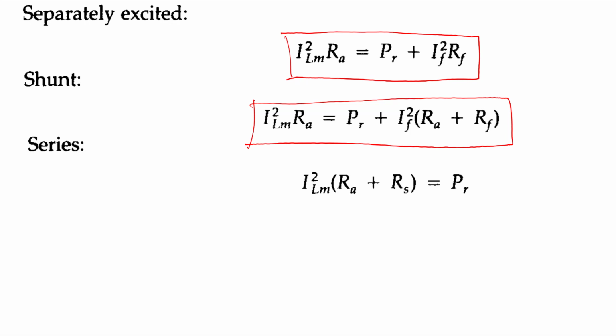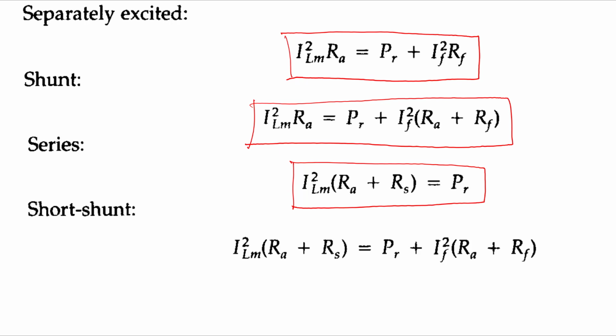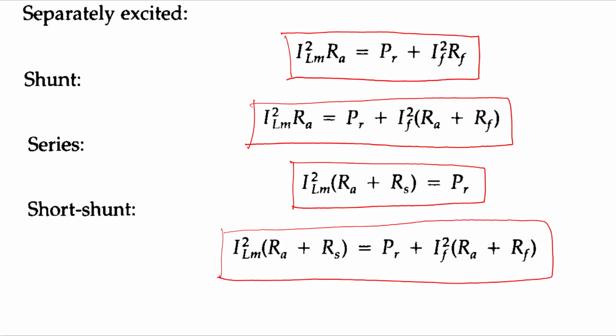And for the series generator, this will be I_LM square (R_A plus R_S) equal to P_R. And for the short shunt compound generator, it will be I_LM square (R_A plus R_S) equal to P_R plus I_F square (R_A plus R_F).